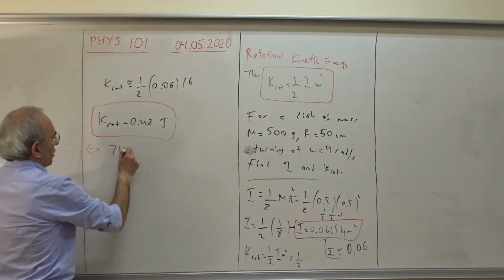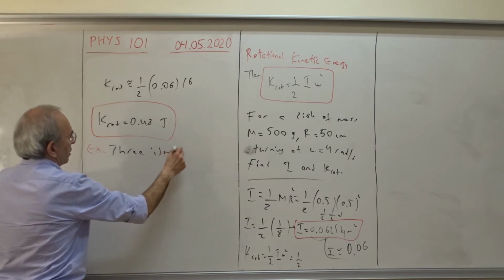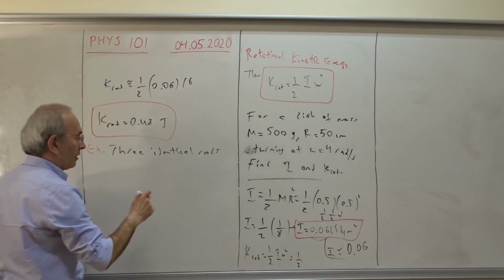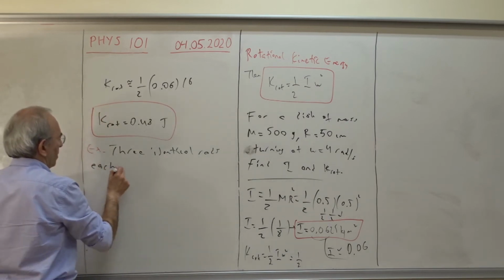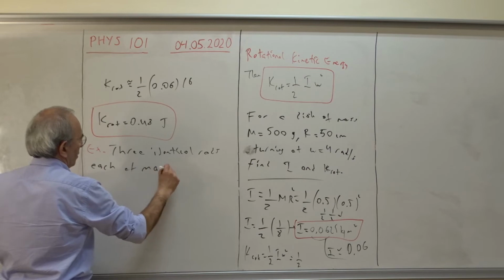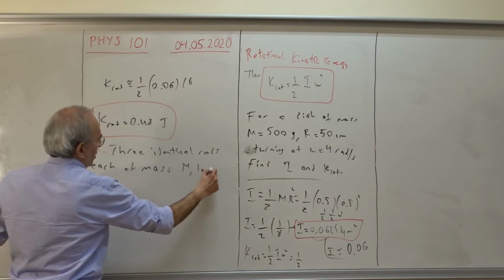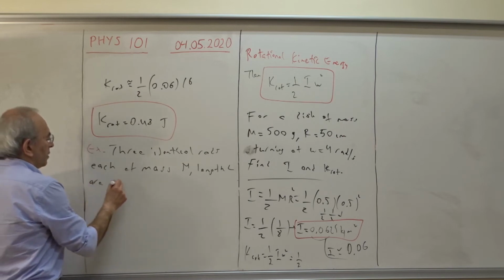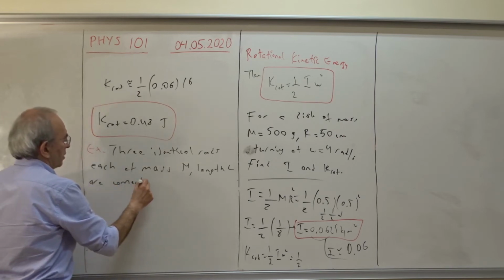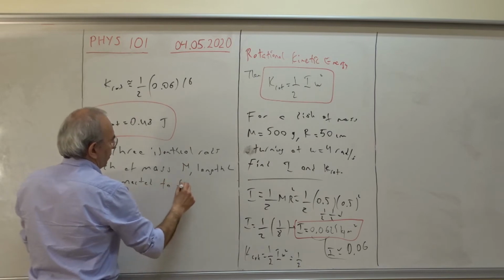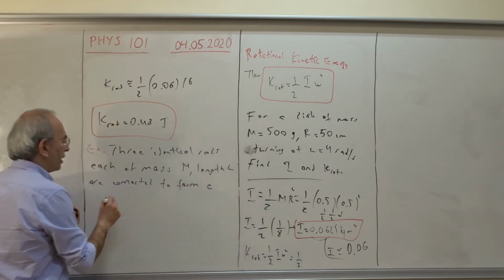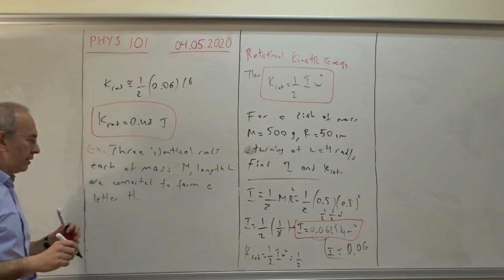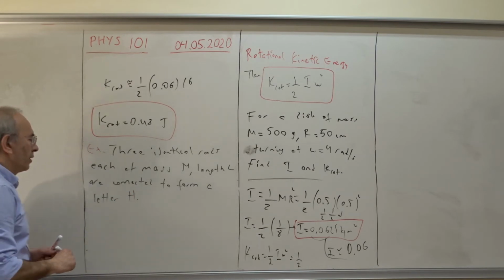Three identical rods, each of mass m and length L, are connected to form a letter H, as I have shown you.